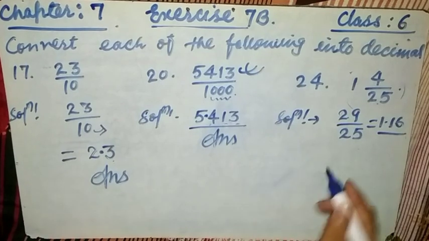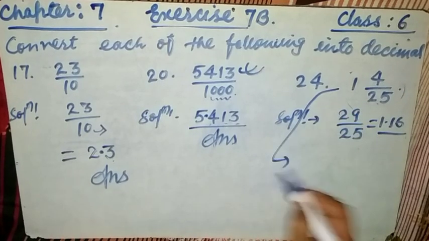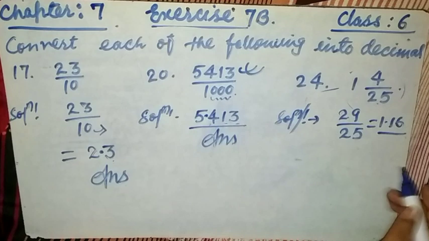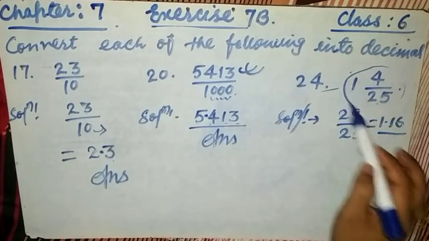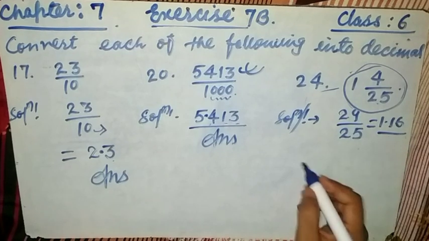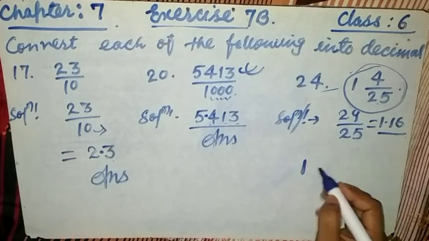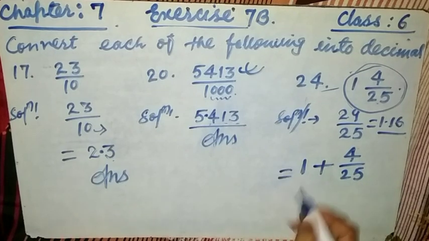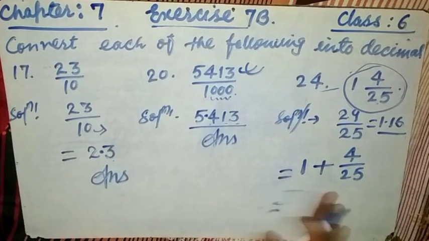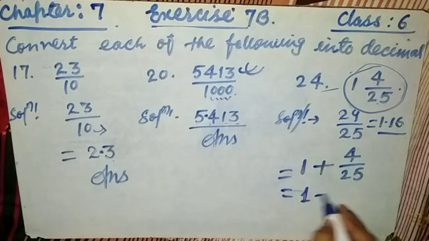Or other friends, another method to find out, have a look at 1 and 4 by 25. This is a mixed fraction, and every mixed fraction can be written as the sum of the natural number, here the 1, plus the proper fraction. Have a look, friends, this 1 is the whole number as it is. Now divide 4 by 25.